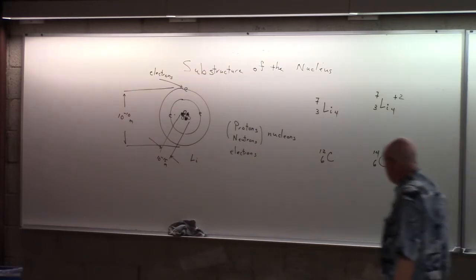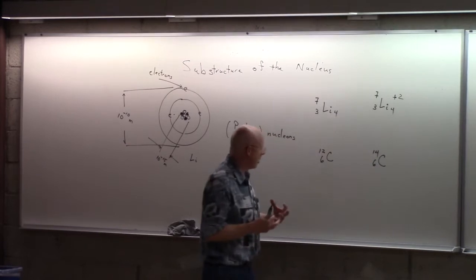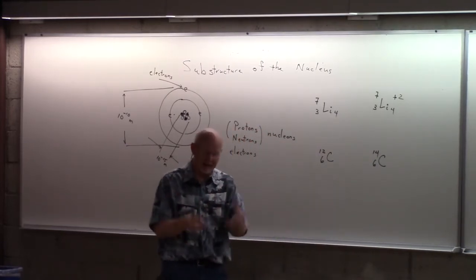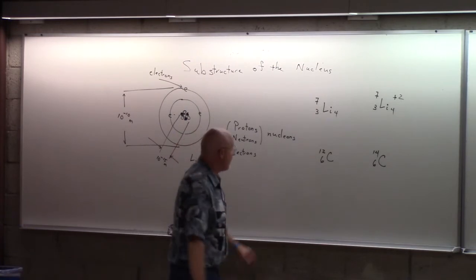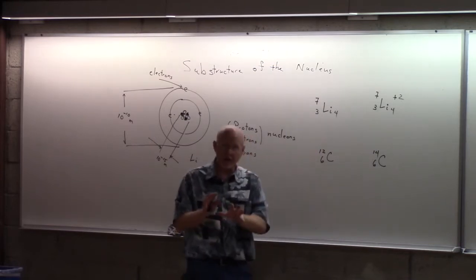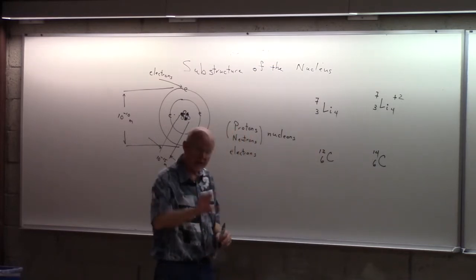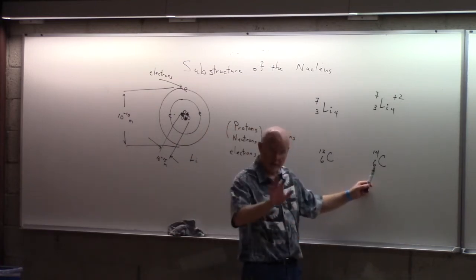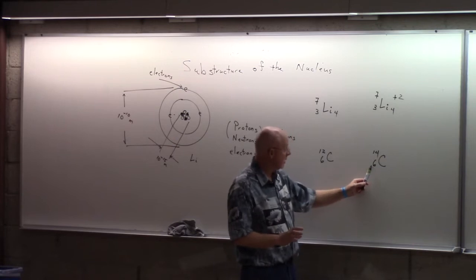And just say that, hey, we have 6 protons. Well, we know that because it's carbon. But the normal carbon, what most of the carbon that makes up most of our human tissue and living tissue, whether it be a plant or an animal or a phylum, is that you have 6 protons and 6 neutrons. Most of the carbon has that. But some carbon, now again, it's carbon, so it has 6 protons.